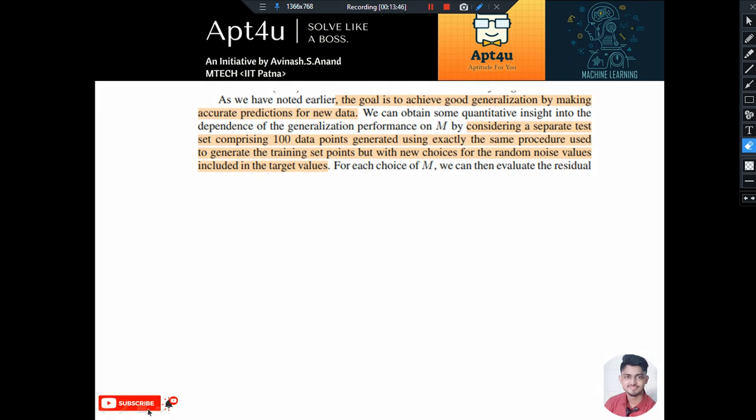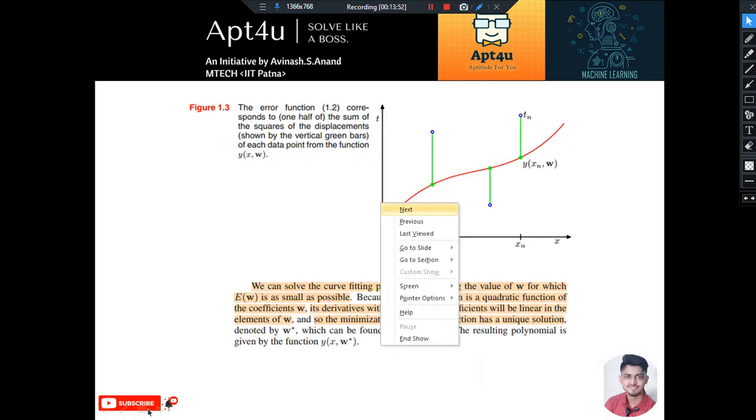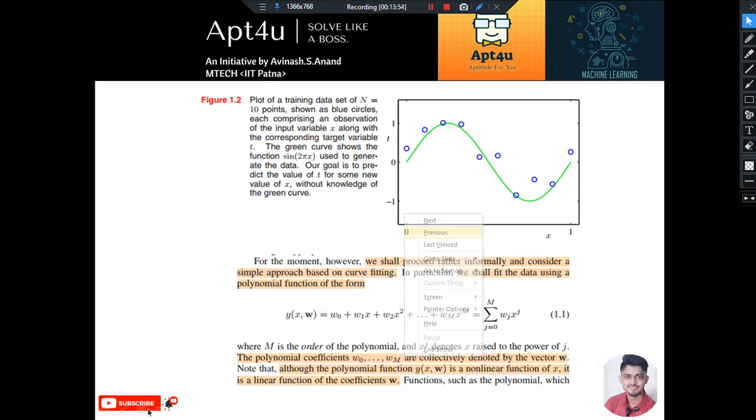Just give me a minute. Yeah, so this is a polynomial function. We will be trying different polynomial functions, and we will put the value of x in this function for certain coefficients, and that will give us the value y(x, w).